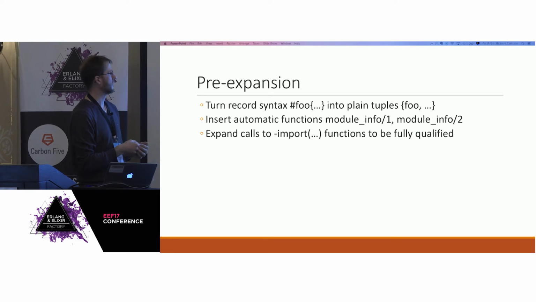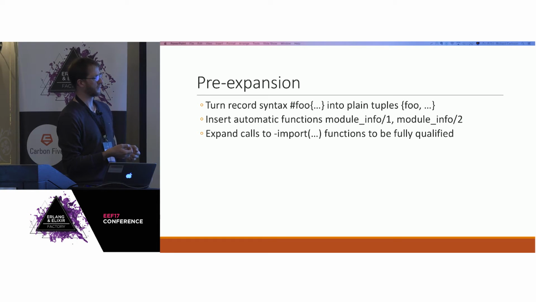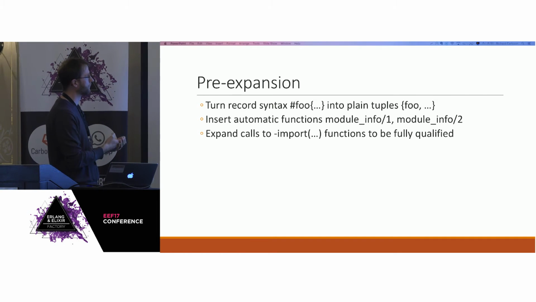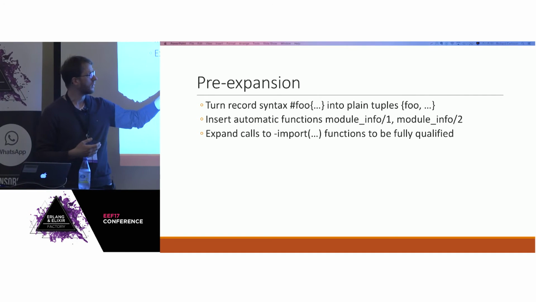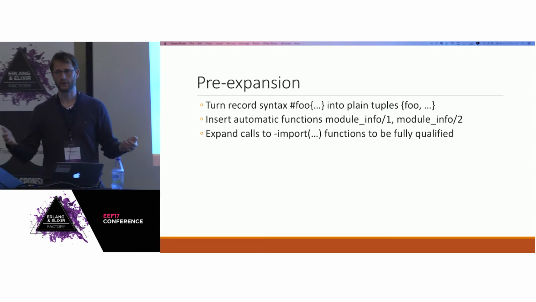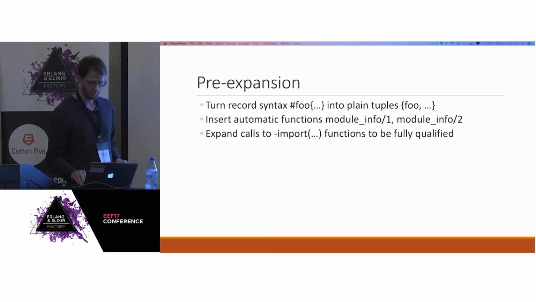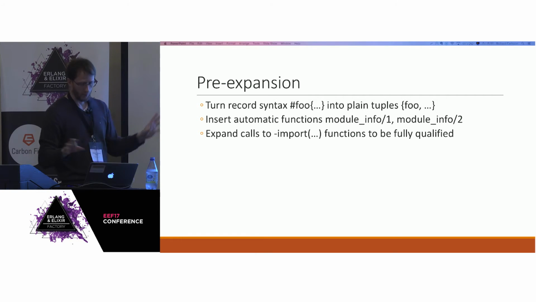There are also some other things happening, like automatic functions generated. The module info functions are inserted. And if you had any import declarations, those functions are expanded to be fully qualified calls. So the rest of the compiler doesn't see any of these complications. The records are gone. They're just plain tuples. There are no imports.